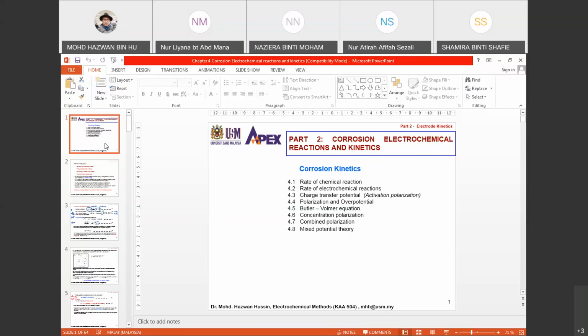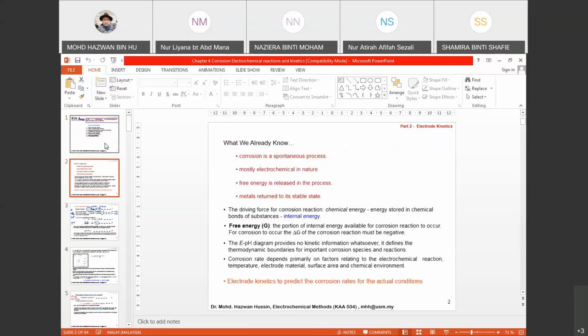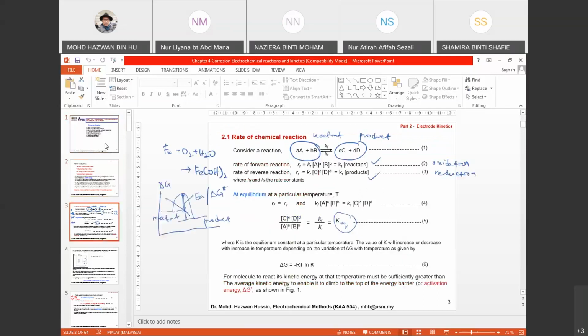I believe last Tuesday we also started chapter 4, which is on electrochemical reactions and kinetics. We went through a few things, especially the rate of reaction related to corrosion.